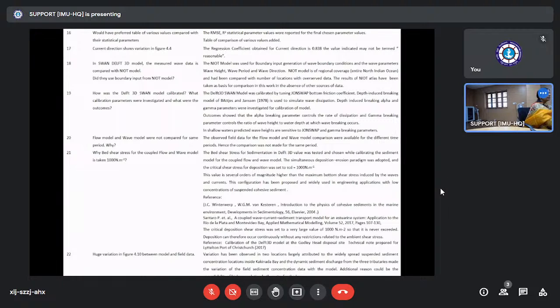It is confusing because when you say model, we are giving an input and then taking a point and comparing with observed data. Details of observations are missing, because I read that the results of the NIOT atlas have been taken as a basis for comparison of data in the absence of other sources of data. So there is a contradiction there. Previously you are saying a number of locations with observed data, and next you are saying absence of other sources. So we just negate that part.